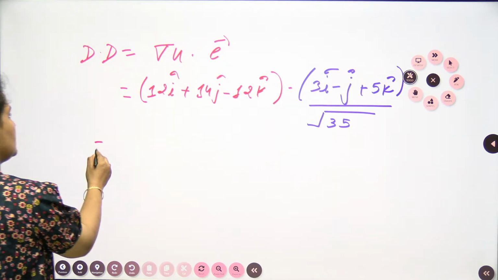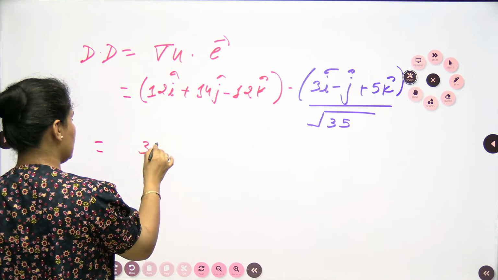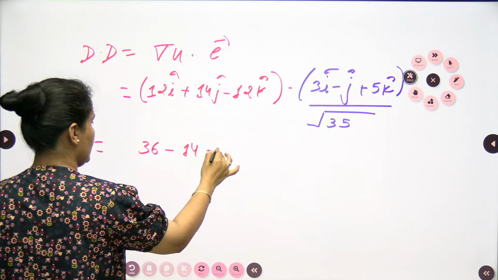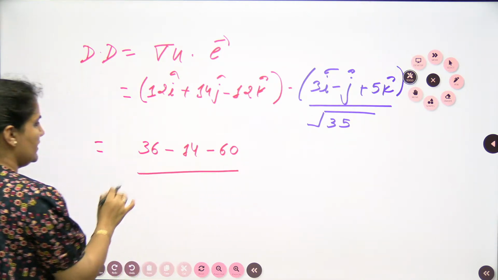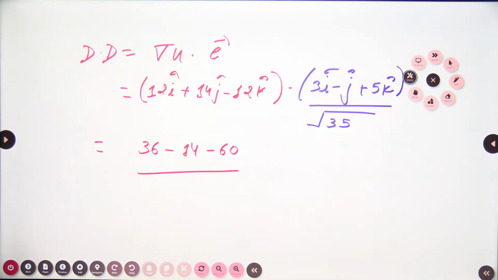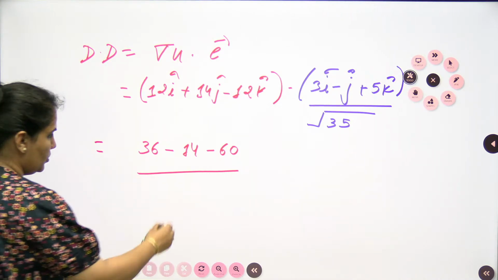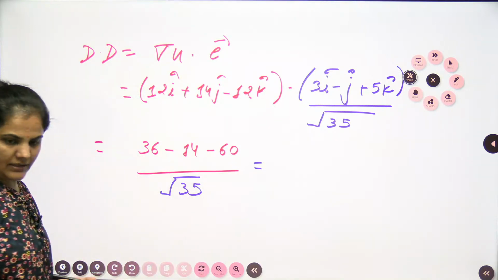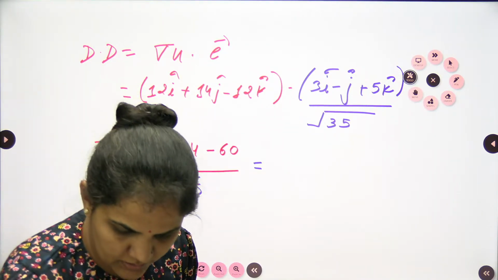Okay. So when we solve the dot product, 12 with 3 is 36, minus i, j dot j will be there, 14, and minus is there, yeah. So this will be 60 divided by root 35. So when you solve, what is the result? You can solve directly also.